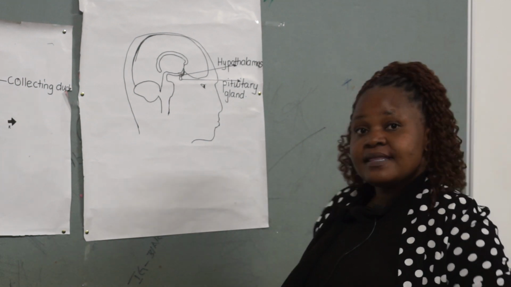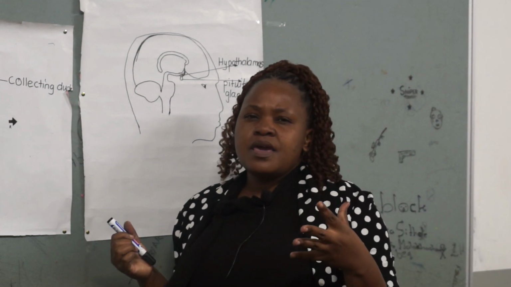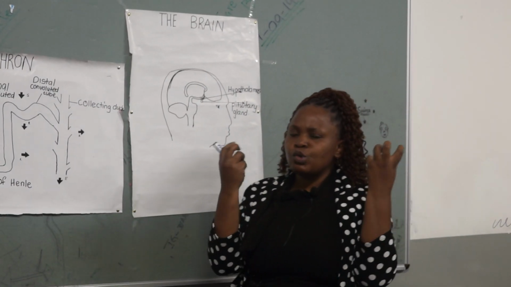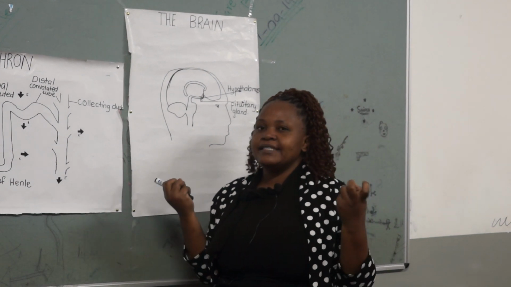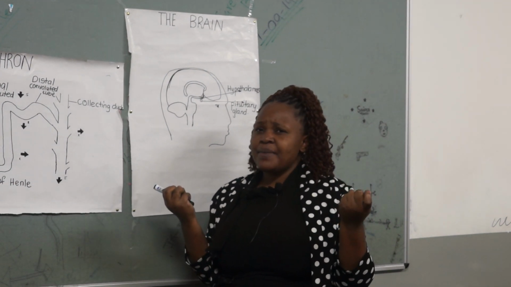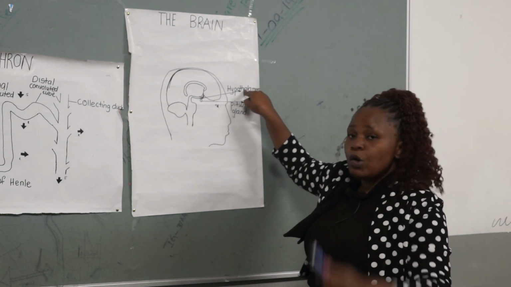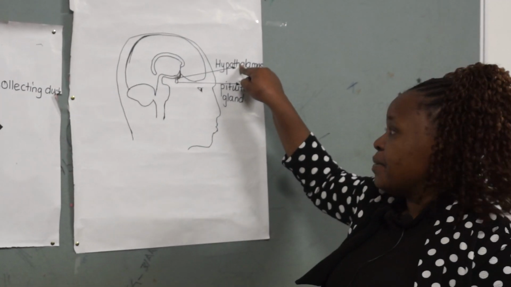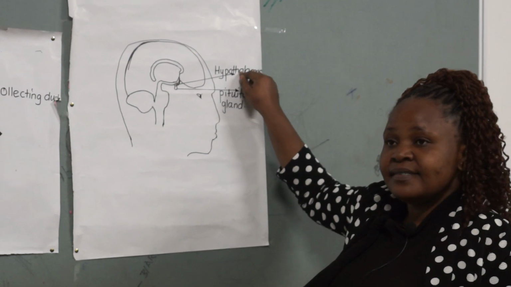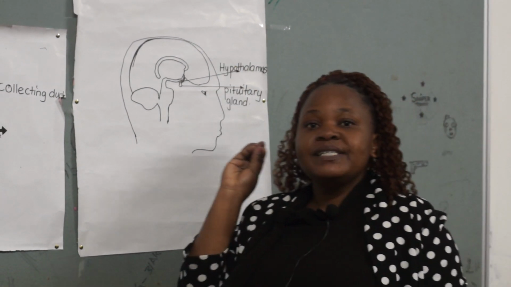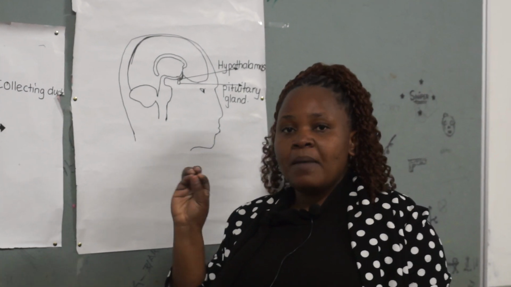Now, suppose there is too little water in the blood. What is going to happen? The hypothalamus, which is the control center in the brain, will detect the anomaly.